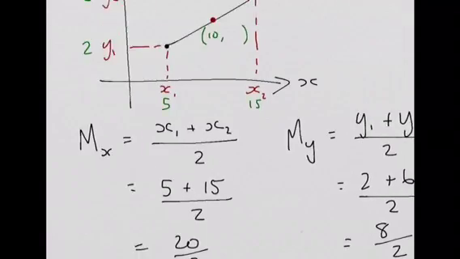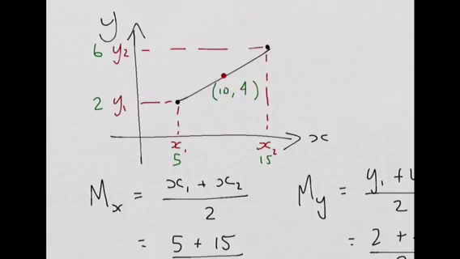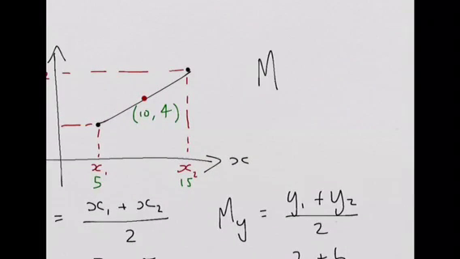So we have a y coordinate of 4 for that midpoint. So we can actually say M equals (10, 4). Making sure you don't forget the comma, because that tells us that we have a point with two coordinates, an x coordinate and a y coordinate.